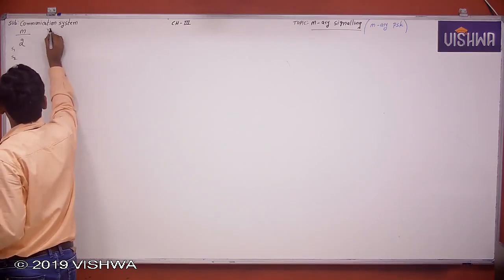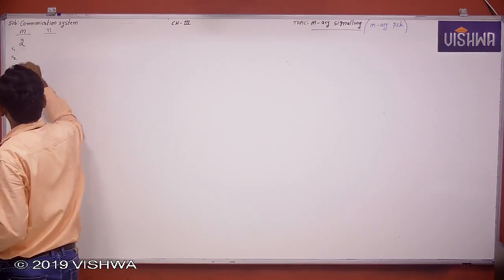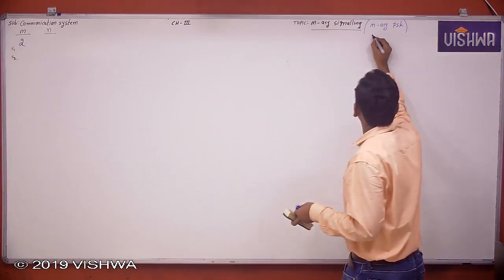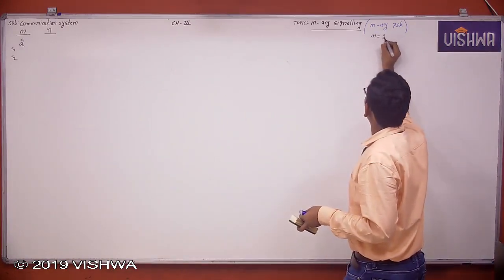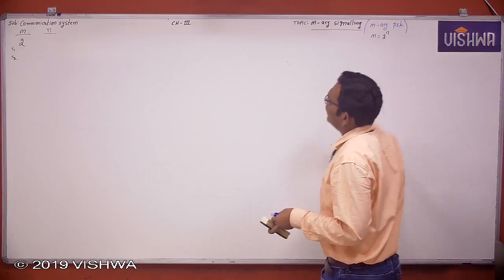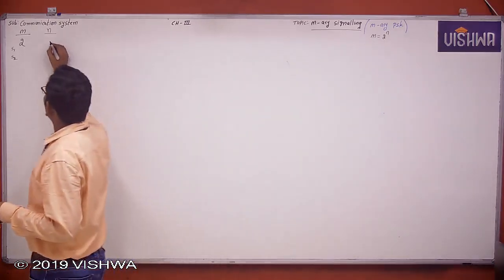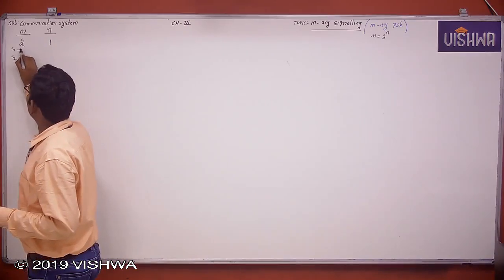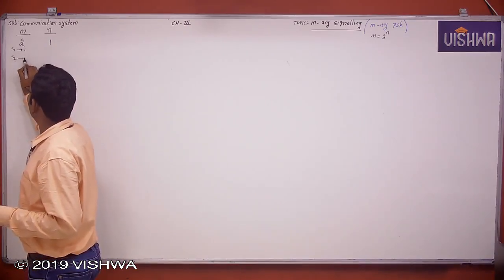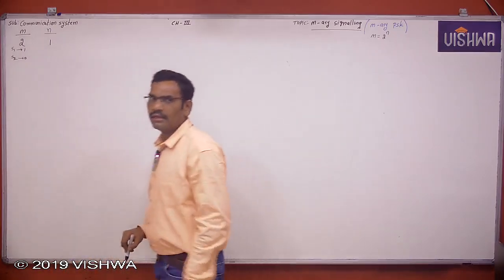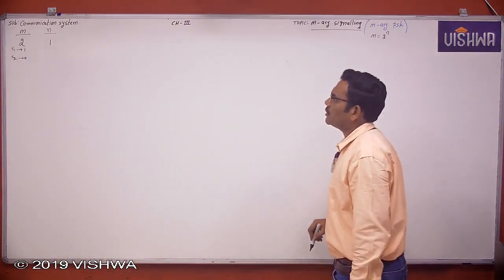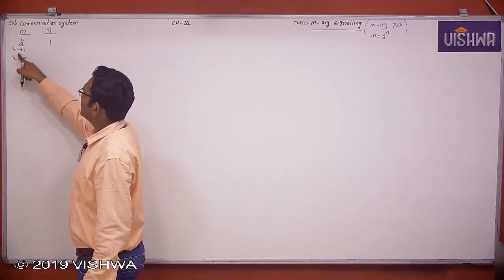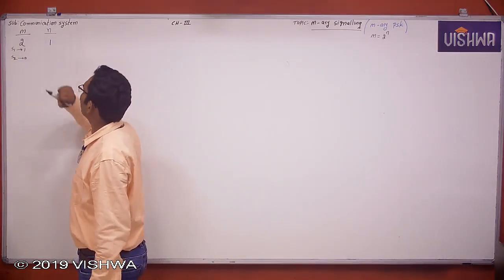Now N is the number of bits per symbol, because M equal to 2 power N. Therefore, M equal to 2, N equal to 1. If N equal to 1, only 1 bit per symbol, either binary 1 or binary 0. I want to transmit 2 discrete voltage levels, but each discrete voltage level is converted to only 1 bit.